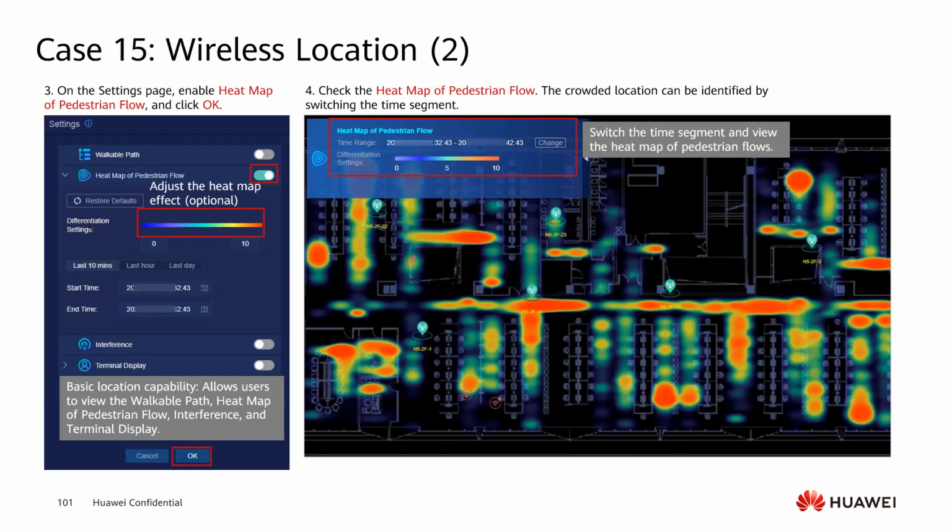So it just adjusts the heat map effect for you, and then it will display all of the network you have managed, the heat map of the campus network. And then if you enable the walkable path, it will show you what is the suitable path for the customers to go through.